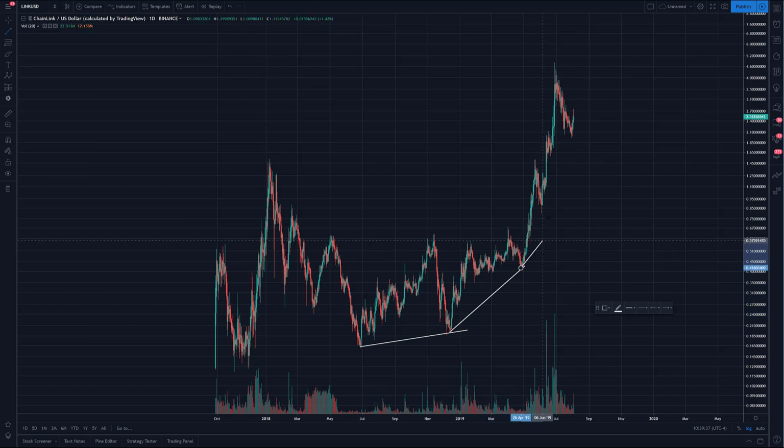Then the next stick to the next bottom exceeded the 45 degrees. It became around a 60 degree angle. That's getting pretty frothy, but probably not frothy enough to worry about taking some profits. Then the next angle was almost 80 degrees, 77 degrees.